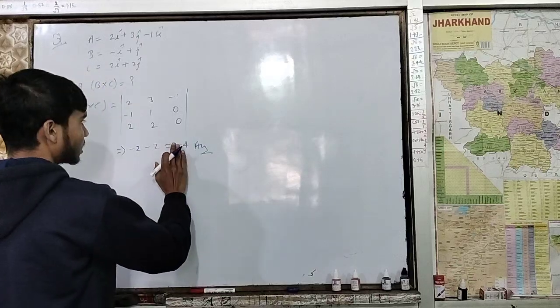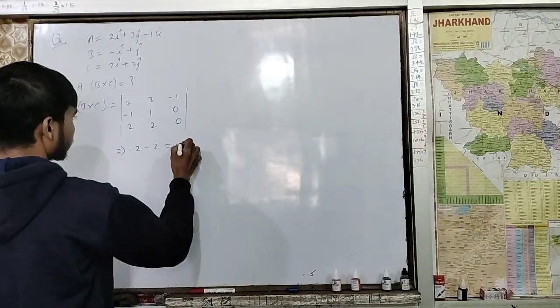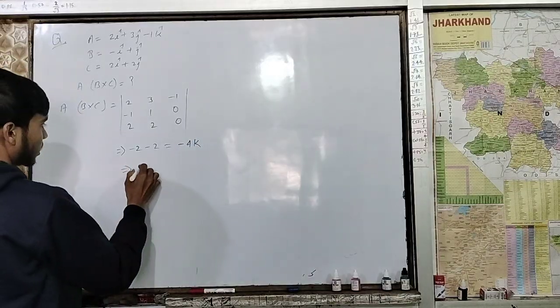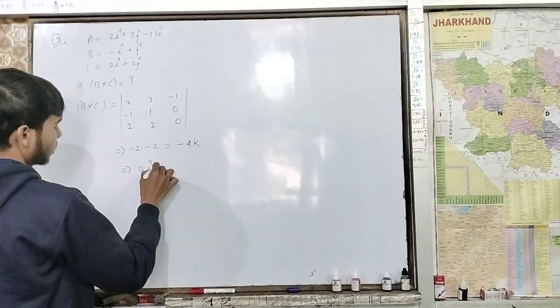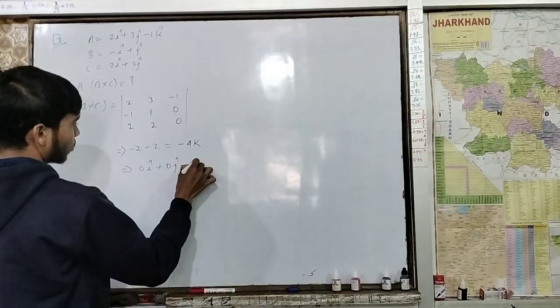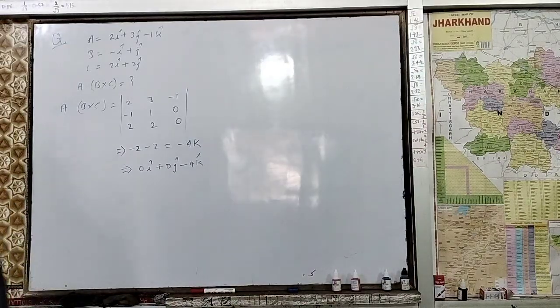If you want to write this in vector form, it is very easy. Since this is minus 4k, our final would be 0 I cap plus 0 J cap minus 4K cap. This is in vector form.